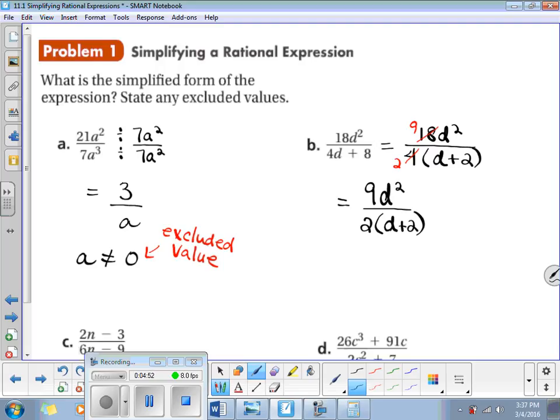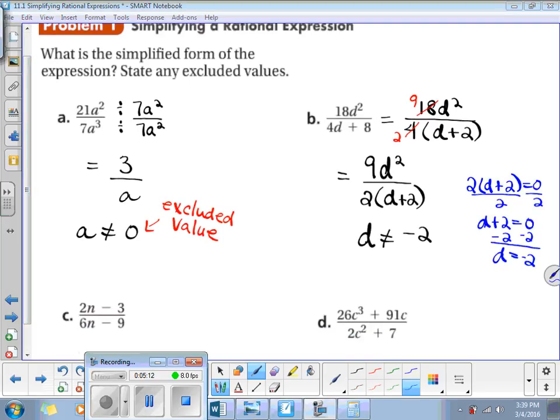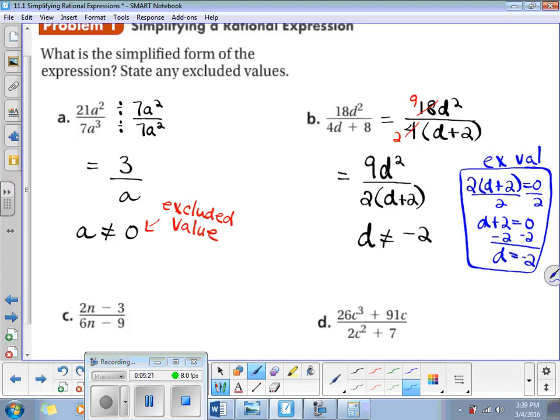What number will make this denominator 0? Negative 2. So the excluded value is d cannot be equal to negative 2. If you need to, you can show your work for your excluded values on the side.